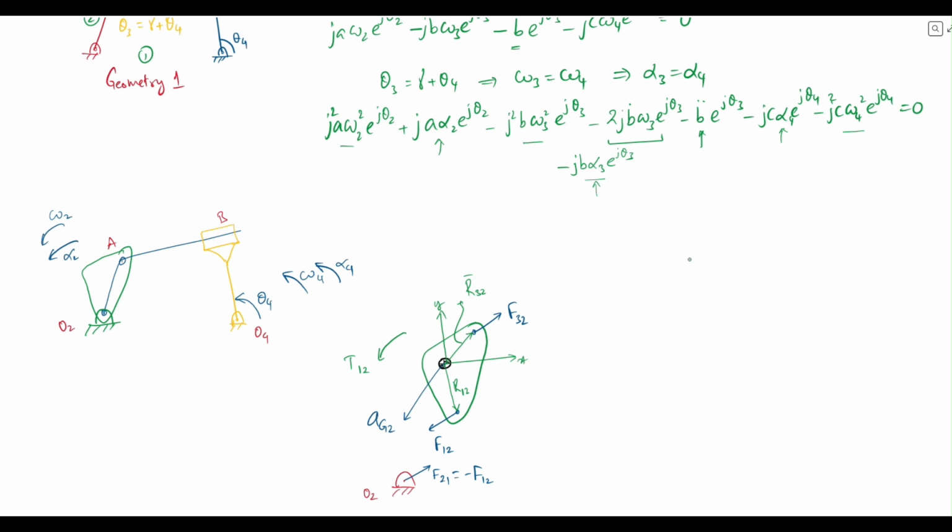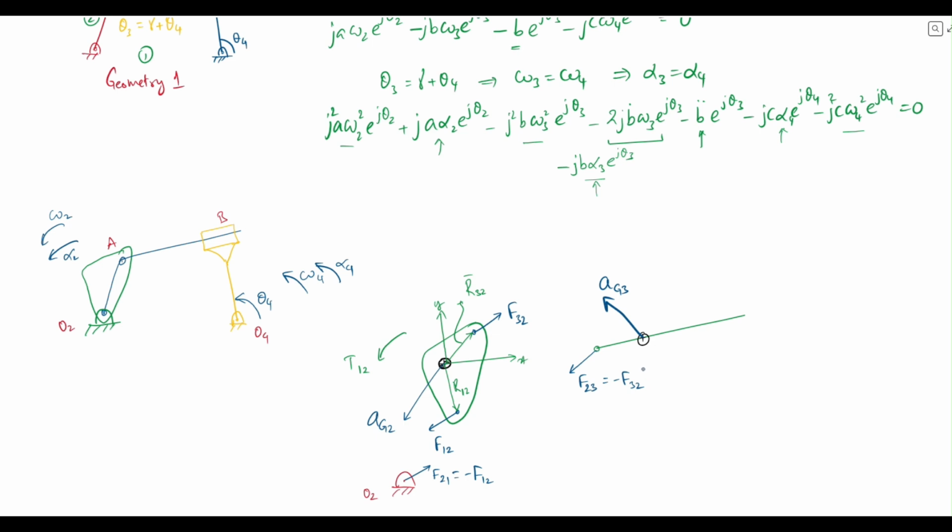We can consider the coupler next. So let's say this is the coupler link, with CG at some point like this, and at CG we will see there's an acceleration something like this, AG3. Of course, there is a force in this direction, 2 on 3, which is equal to minus F32.